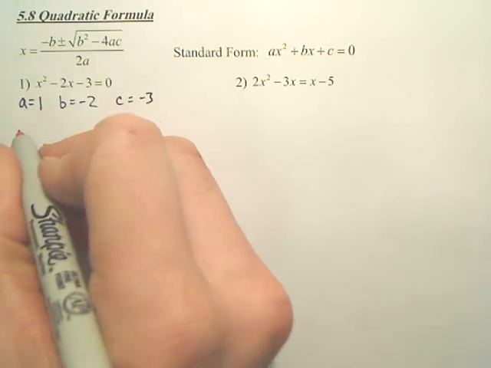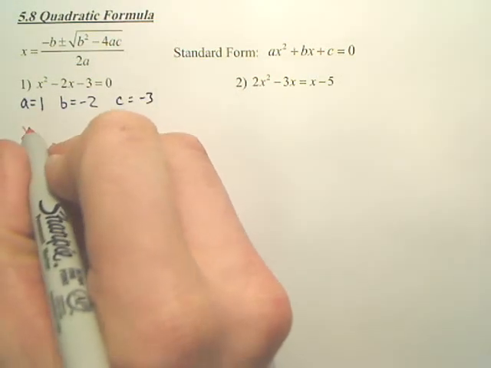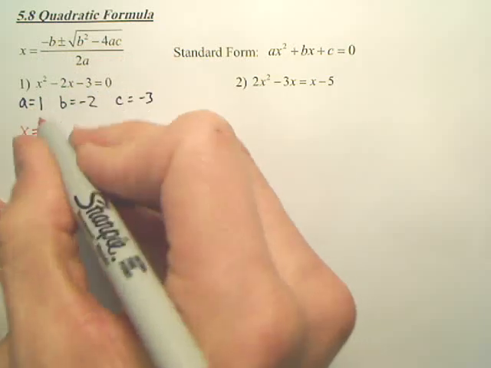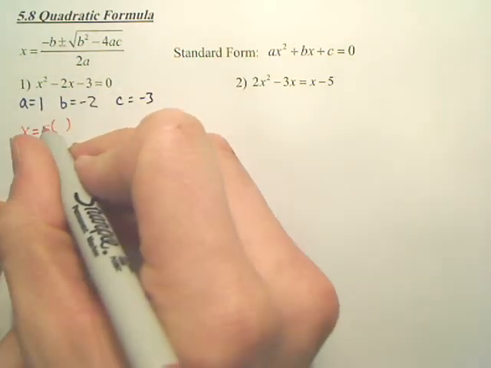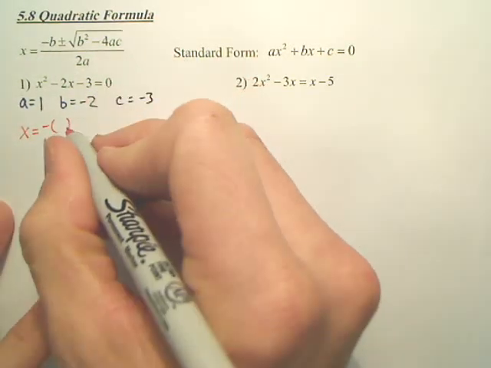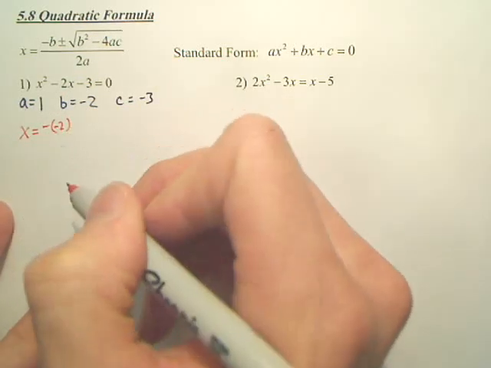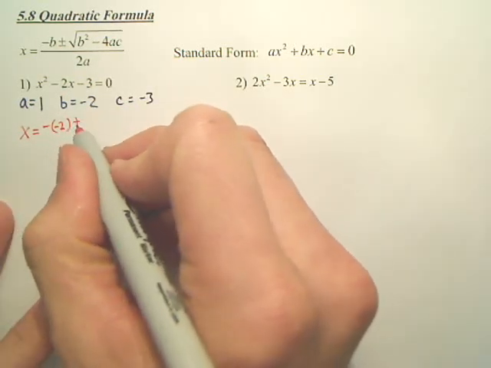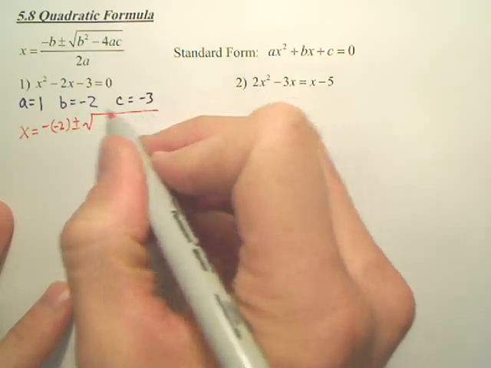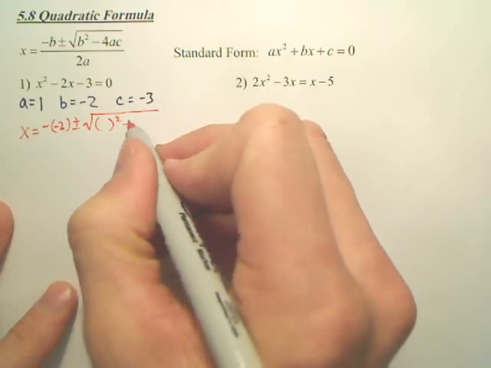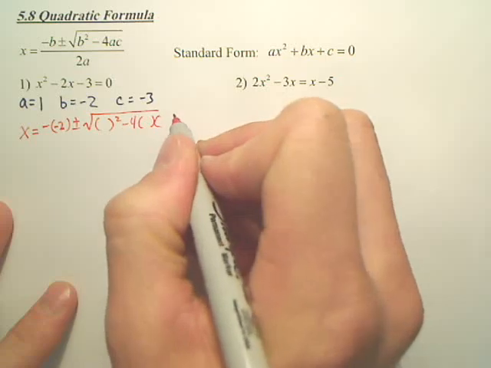So, to solve this, we use the formula x equals negative b. So what's b? Looks like a negative 2, plus or minus the square root of b squared minus 4ac.